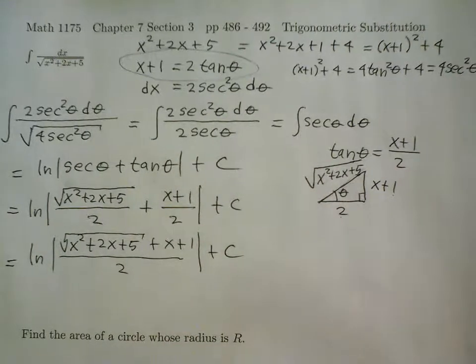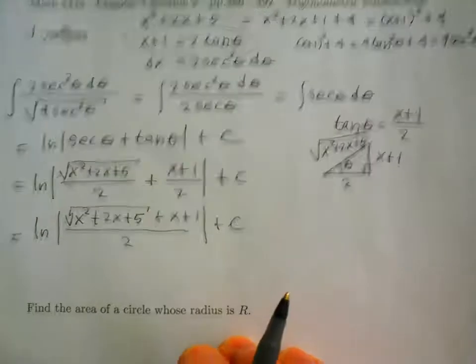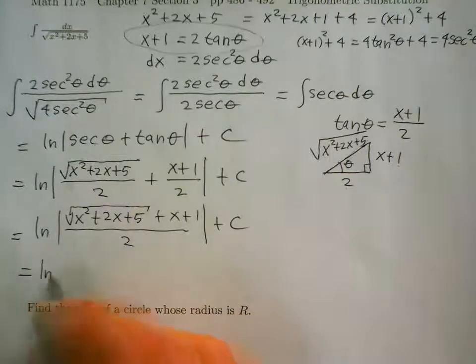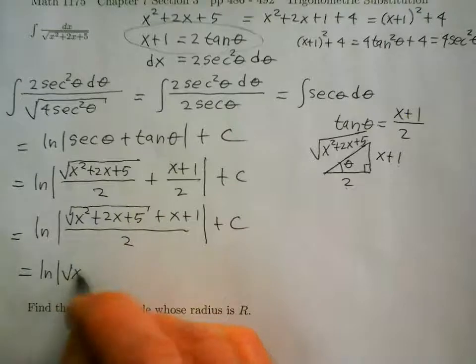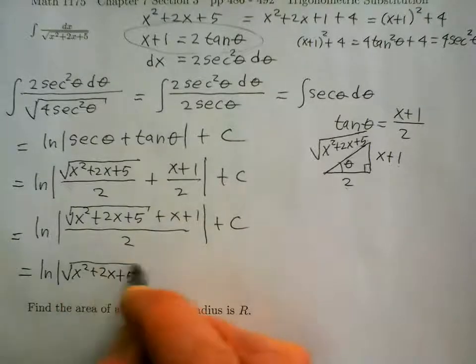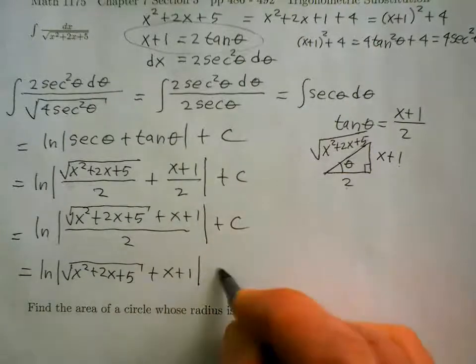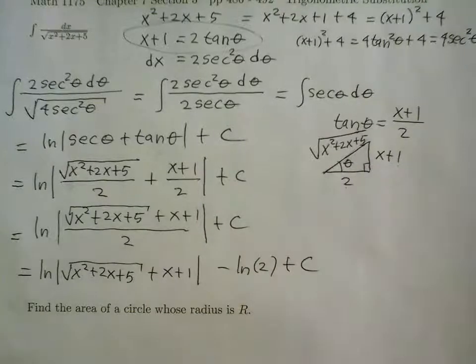And then using a property of logarithms, we can write this as the natural log of the absolute value of the square root of x squared plus 2x plus 5 plus x plus 1 minus the natural log of 2 plus a constant.